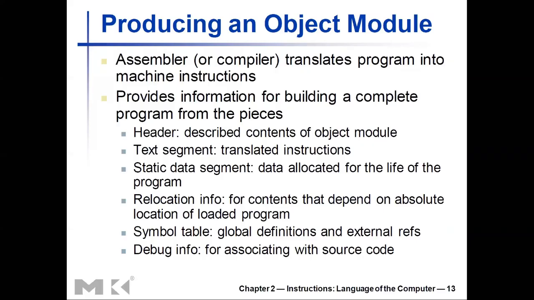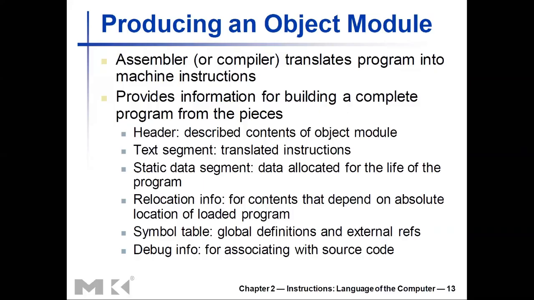The header describes the contents of the object module, what it is going to have, such as the size of the program. If you want more details, you can use Google and look into them.